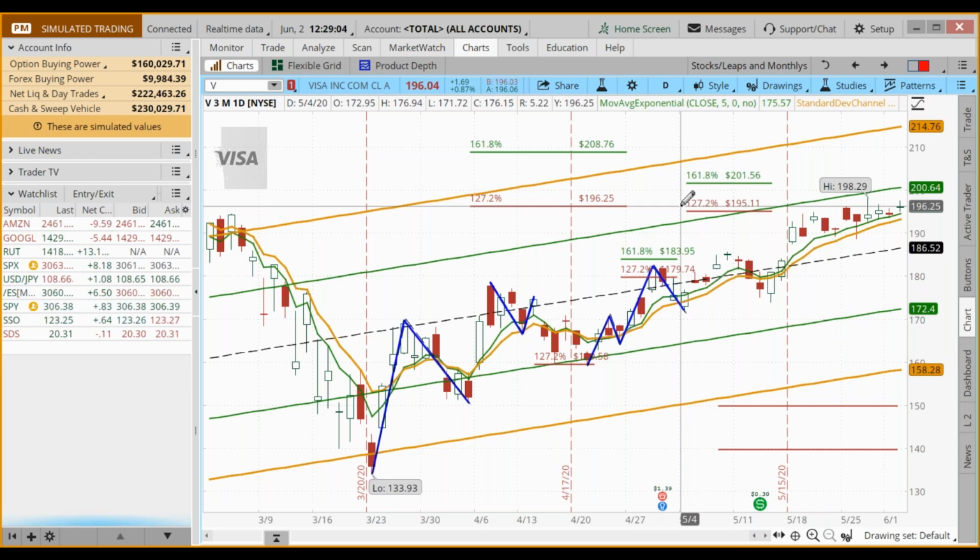That's how you use measured moves and Fibonacci's together. You look at this little exercise we just went through, and you say, boy, that looks awful easy. Why can't I do that? Practice. It takes a lot of practice.